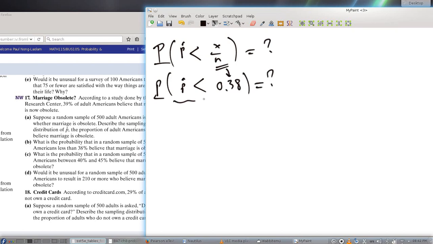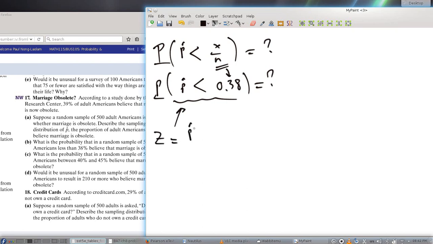Now again, since we already confirmed that the data satisfies the binomial property and that it has a normal distribution, we can convert this to the standard normal, which is the z-score.